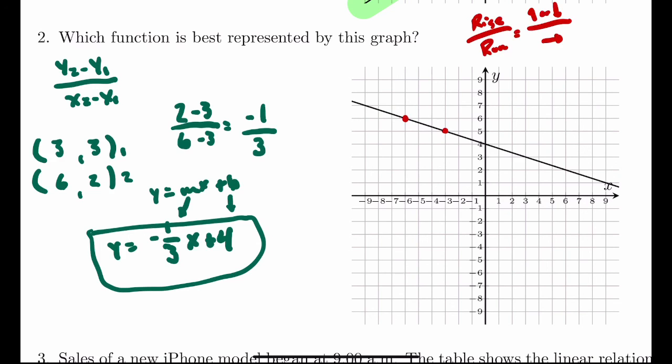Well, to get to this point, I have to go down 1. So I went down 1, so -1, and then I go 1, 2, 3, plus 3. So my slope is -1 over 3. So same exact thing here. Y equals -1/3 x, and my y-intercept is right there, +4.